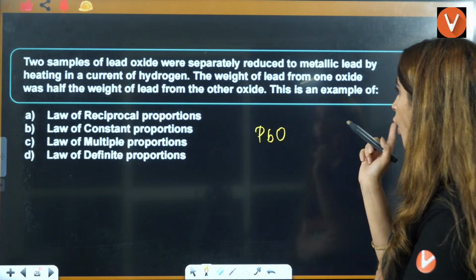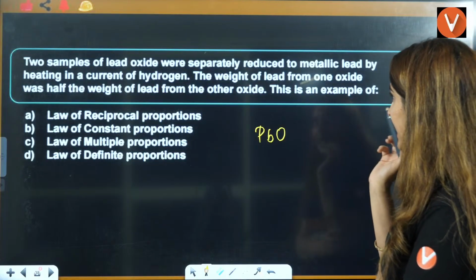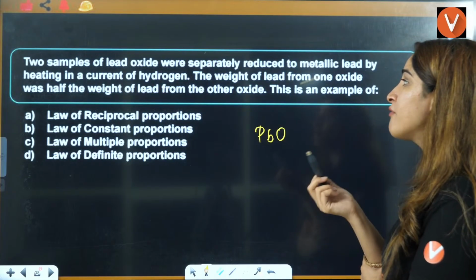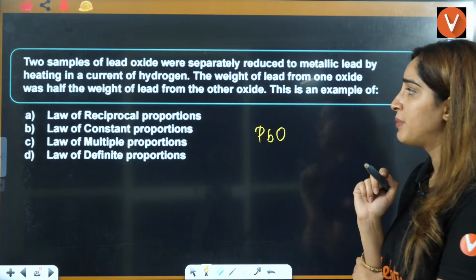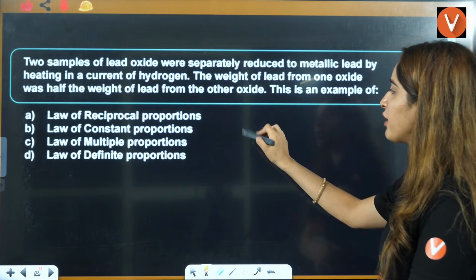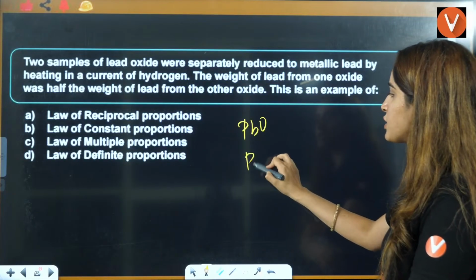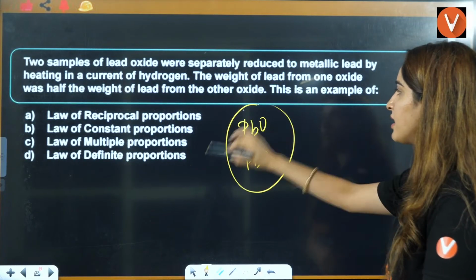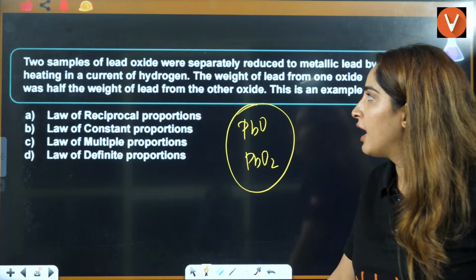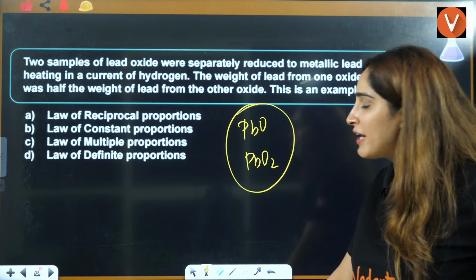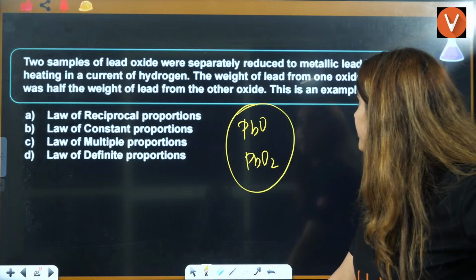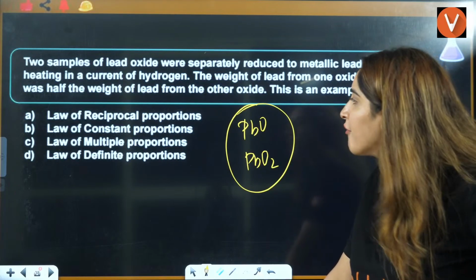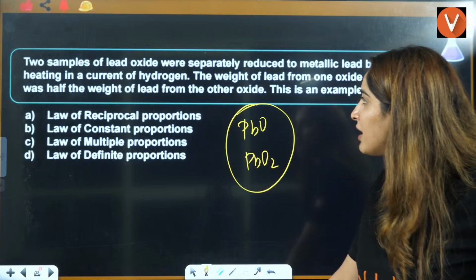The weight of lead from one oxide was half of the weight of other one. This is an example of, see, simple thing is there are two kinds of lead oxide, PbO also, there is PbO2 also, right? So they are saying that 2 samples of lead oxide you had, but what happened? The weight of lead from one oxide is half, right, of the other one.